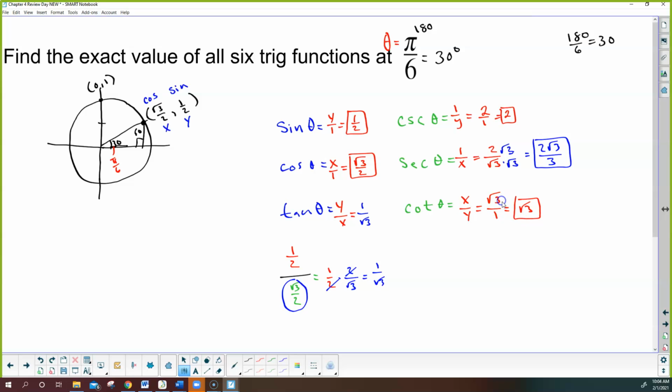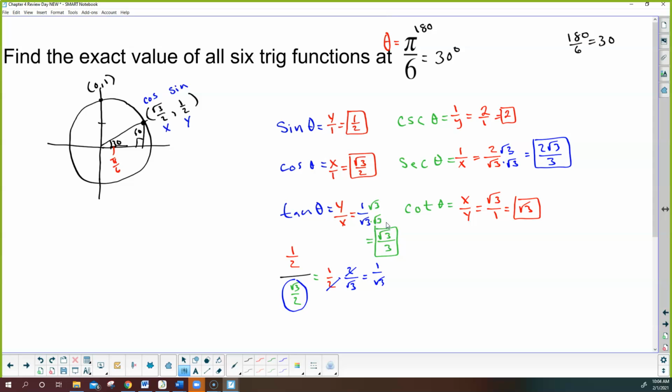So I don't have to deal with rationalizing it here. All right, and then the final piece is we don't like this answer right here. So we just have to multiply by the square root of 3 top and bottom. And when I do that, I end up with 1 times the square root of 3, which is just the square root of 3. Square root of 3 times the square root of 3 is square root of 9, or 3.